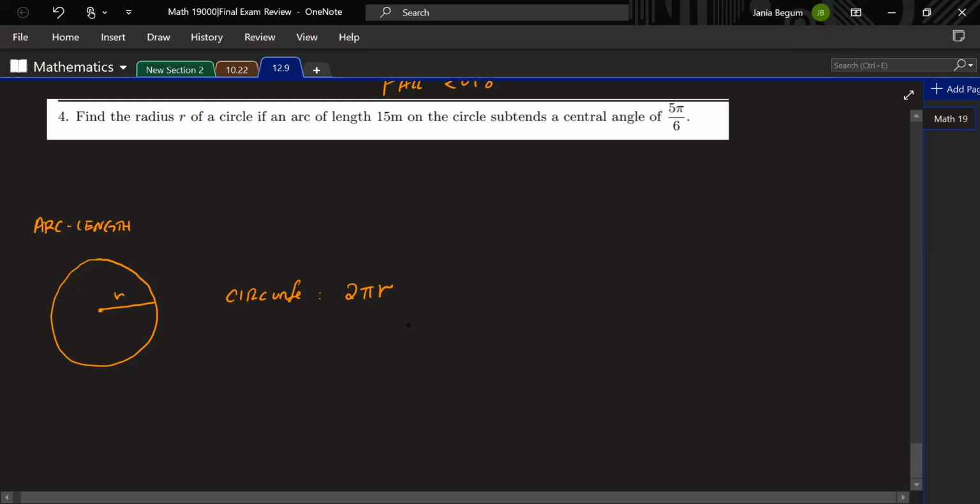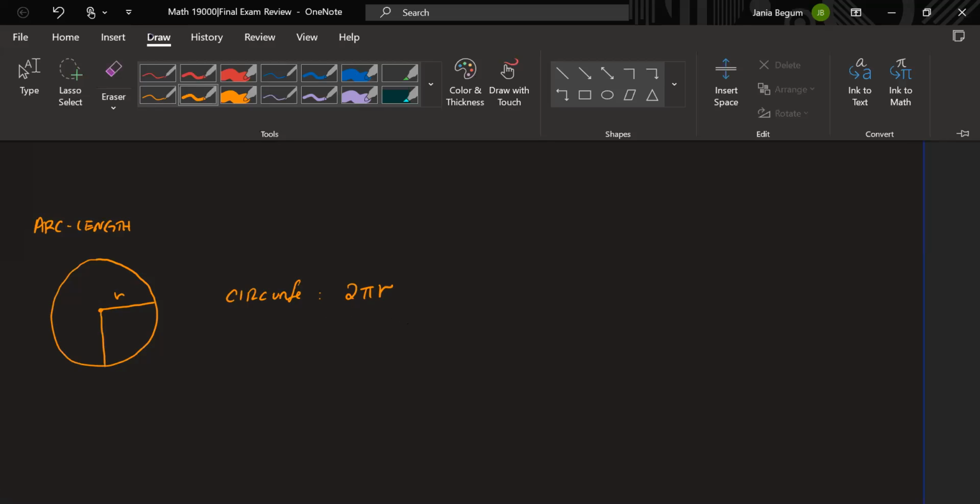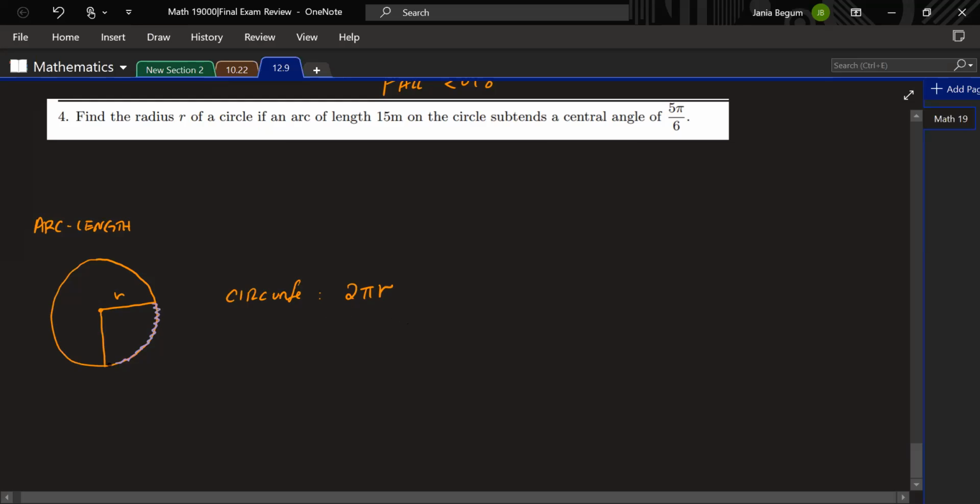Now, if you're just looking at a portion of the circle, this slice, and you want to know how much this length is, we don't want the length of the entire circle. We just want that part, and that is determined by theta. So we take the circumference and multiply with theta over 2 pi. The 2 pi's cancel out, so you have r times theta equal to the length of this circular arc. So that's how we get the formula S is equal to r theta.